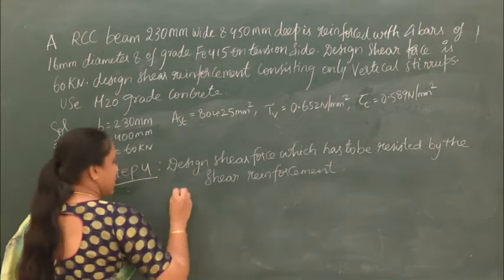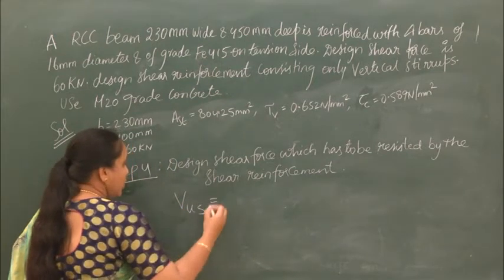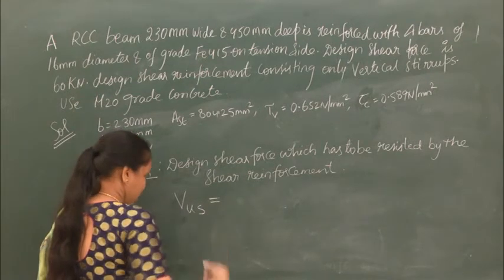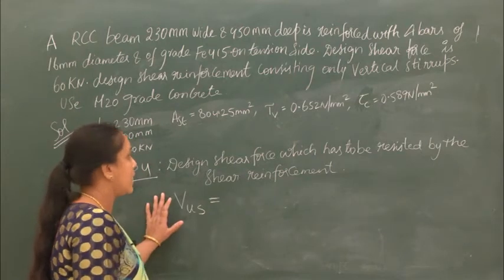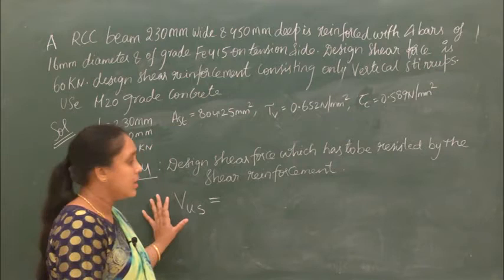Let the shear force be VUS. In IS 456-2000 we have a formula for finding out the shear force which has to be resisted by the shear reinforcement.